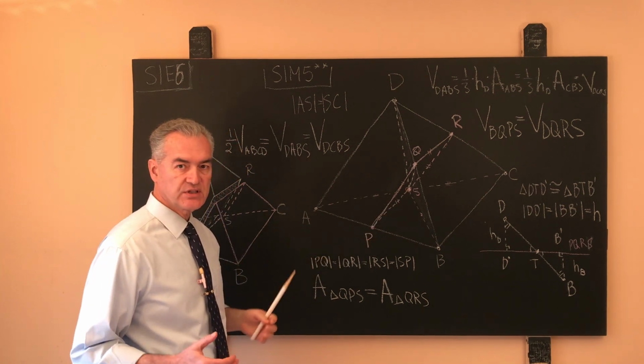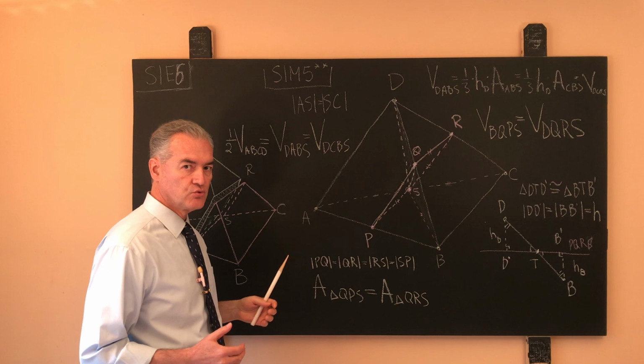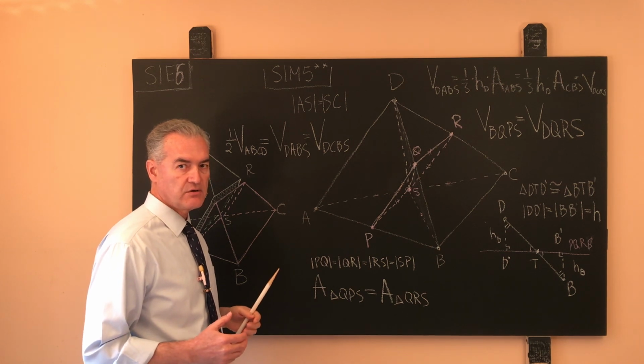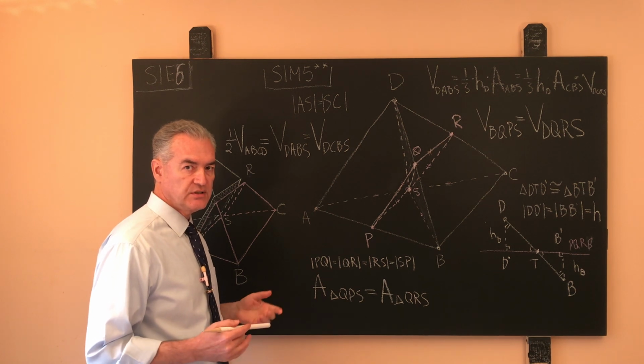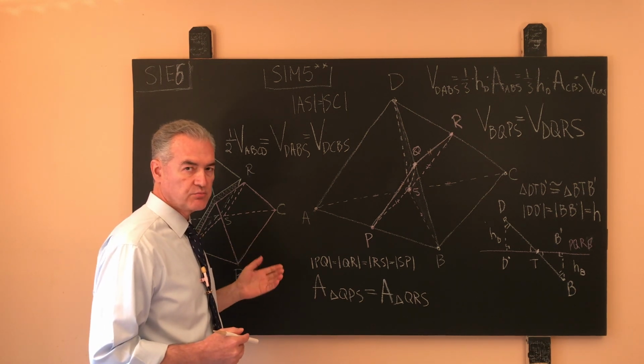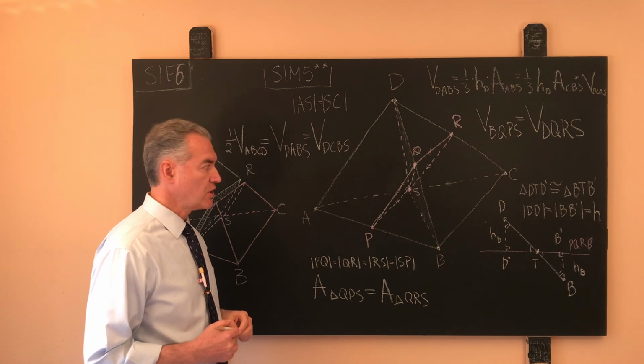Consequently, if we succeed at showing that these two smaller tetrahedrons are actually equal in volume as well, then we succeed at generating a correct proof for our hunch and for our assumption.